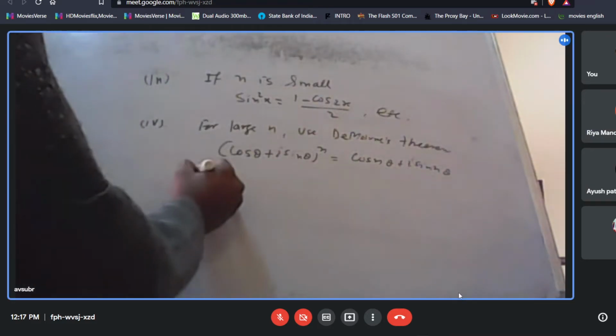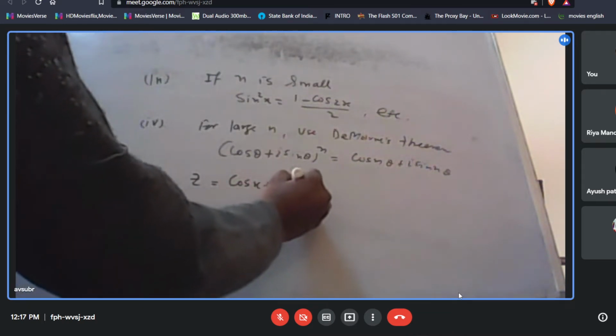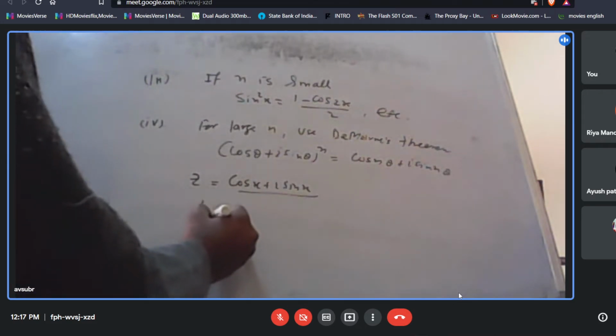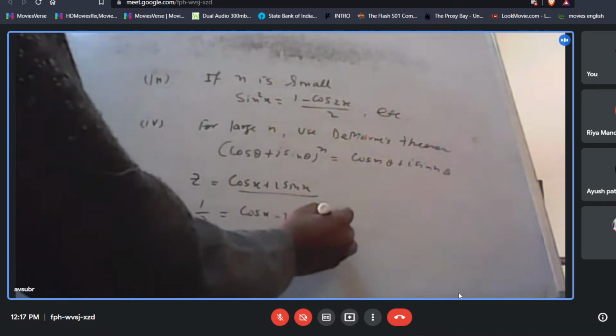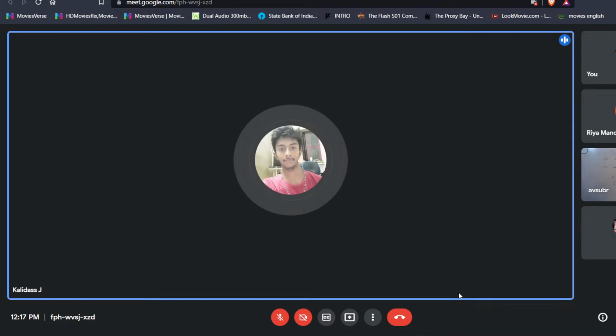So here z is equal to cos x plus i sin x. Let us assume it. Then 1 by z will be equal to cos x minus i sin x. Is it or not? Yes, sir.